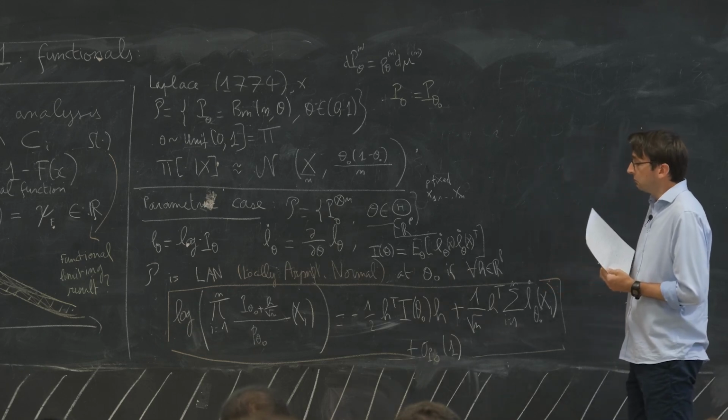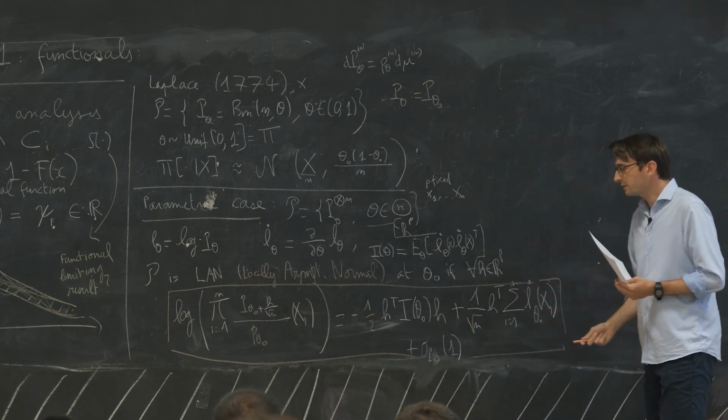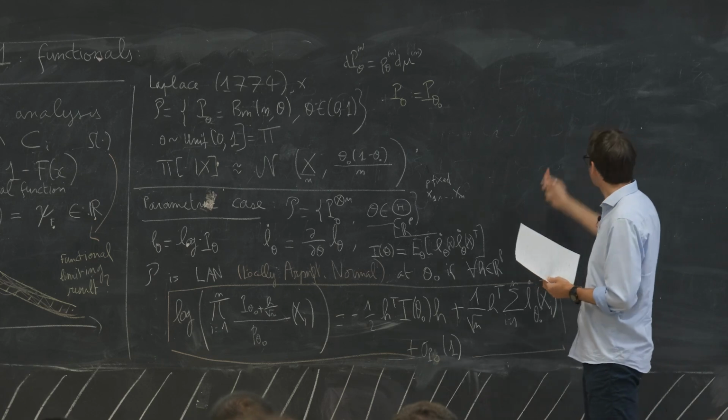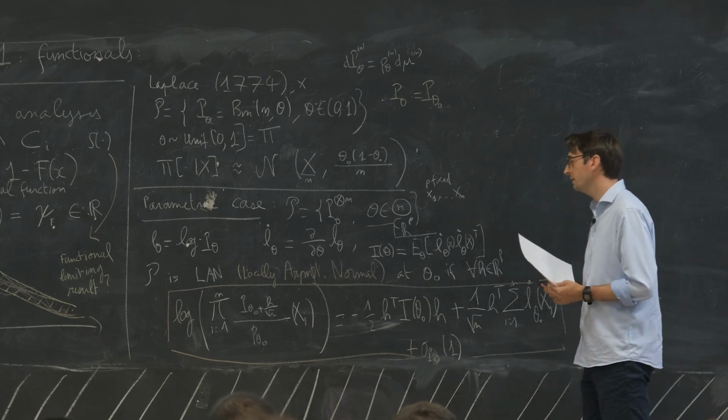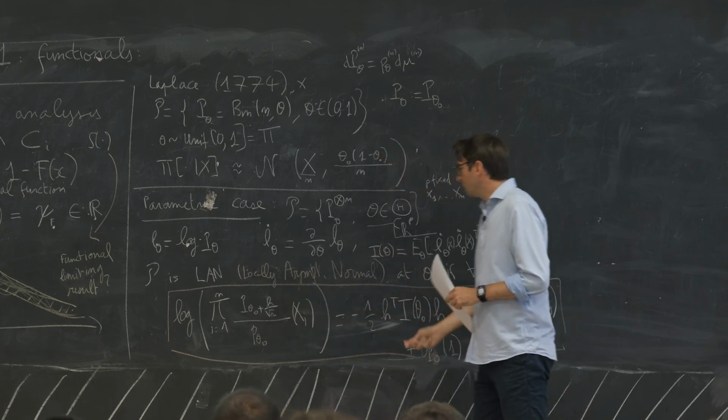And so then you may find it a little bit special that many models satisfy this, but in fact, it's the case. As soon as there is a little bit of smoothness, so I'll write now some sufficient conditions, as soon as you can differentiate a little bit, you have this expansion.